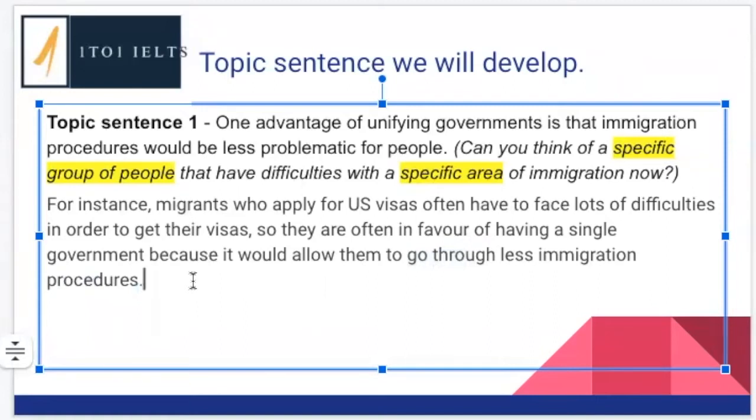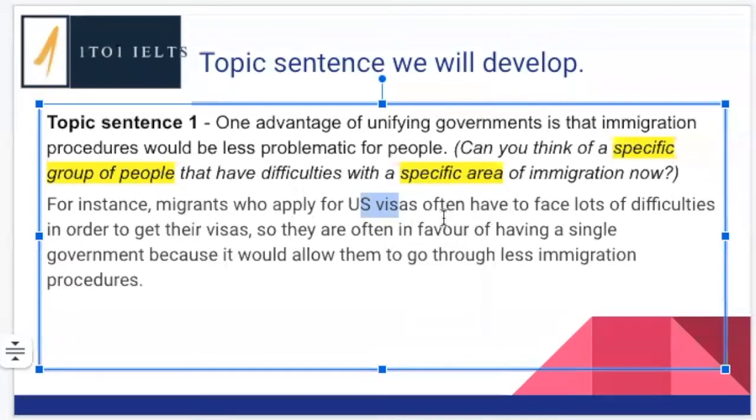So what do we think about an example here? Is it specific? Yep, so we're talking about US visas. They're finding it difficult to get their visas.